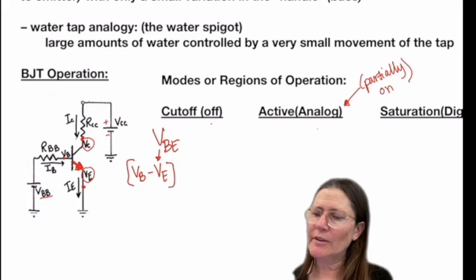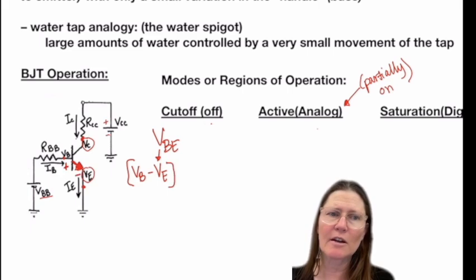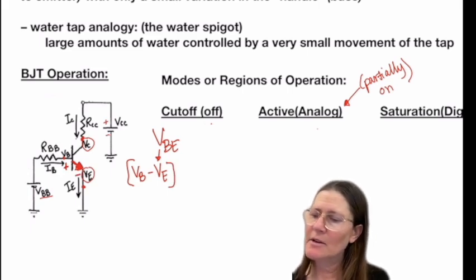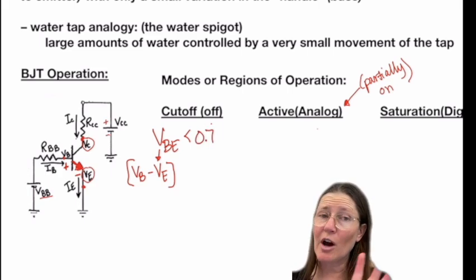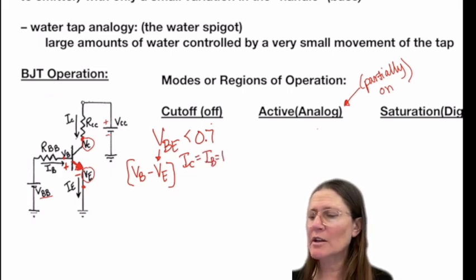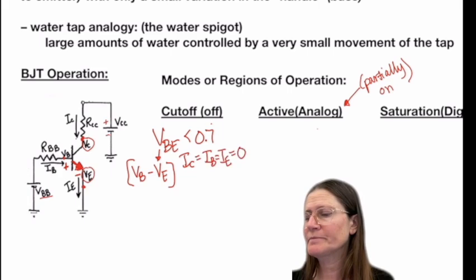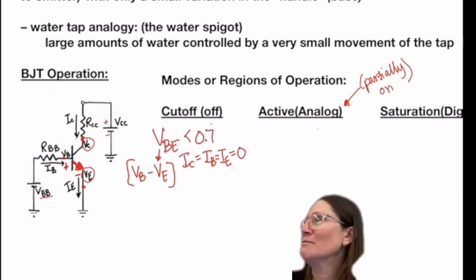So in this case, that means the voltage at B minus the voltage at E, that difference, if it's less than 0.7, it's going to be off. If it's off, then there's no current flow. So IC equals IB equals IE, and they're all going to be 0. So that's your off condition, which is easy.